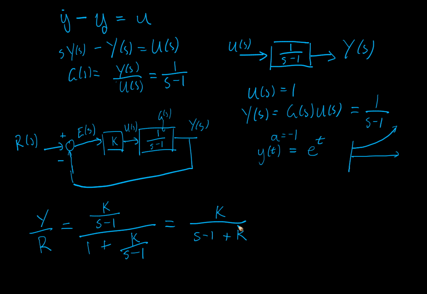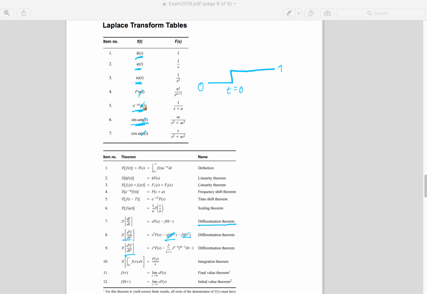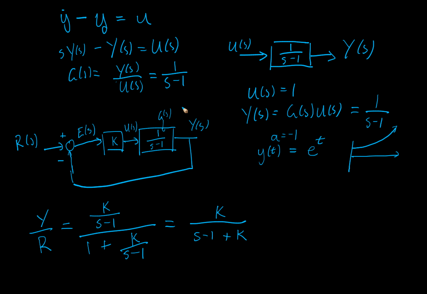And now k is some constant, and we can set that to whatever we want. This is something that we control as control engineers. And it should be clear from looking at our tables here that if we want something that's exponentially decaying, so we want a response that's going towards 0, a stable response, then we're going to want a transfer function of the form 1 over s plus a positive number.